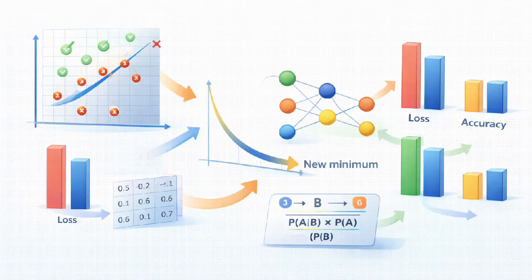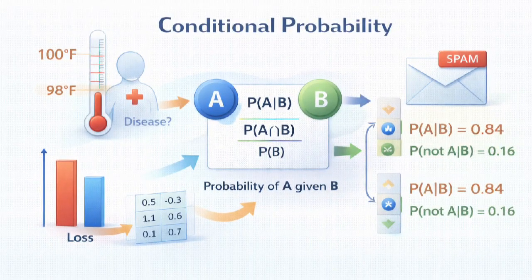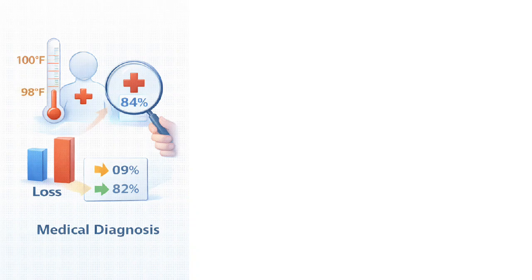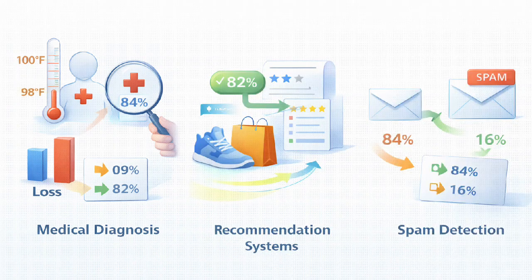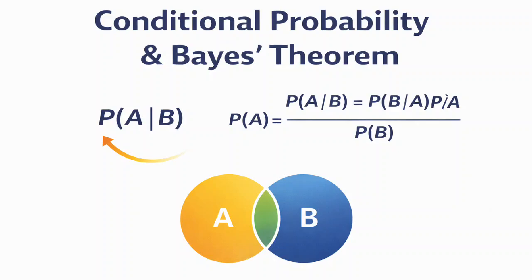Another important concept is conditional probability, which tells us how likely something is given certain conditions. This idea is widely used in applications such as medical diagnosis, recommendation systems, and spam detection. One of the most famous tools in probability is Bayes' theorem, which allows models to update their predictions as new information becomes available.